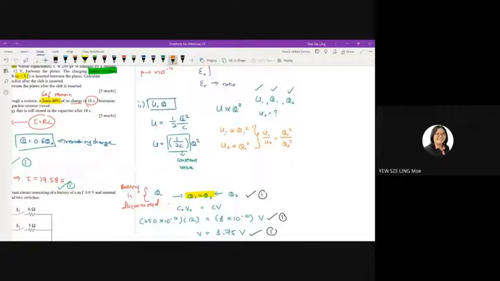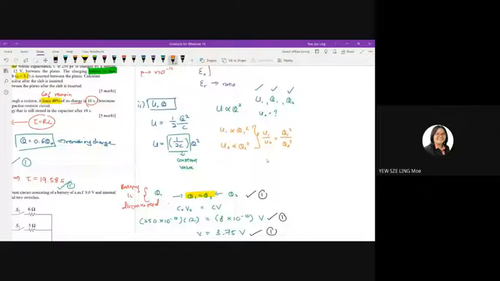So now you have 4 variables, 3 of them are known values, only 1 unknown. So you have U1 over U2 equals Q1 squared over Q2 squared. From here, what is the value for U1?